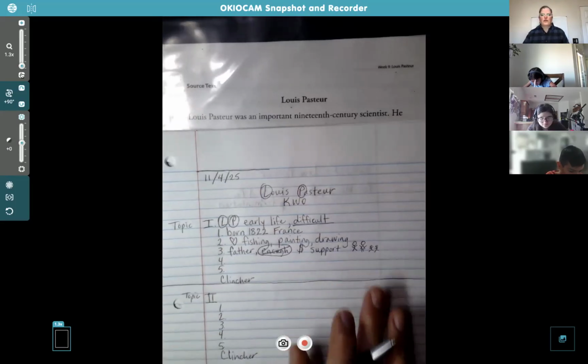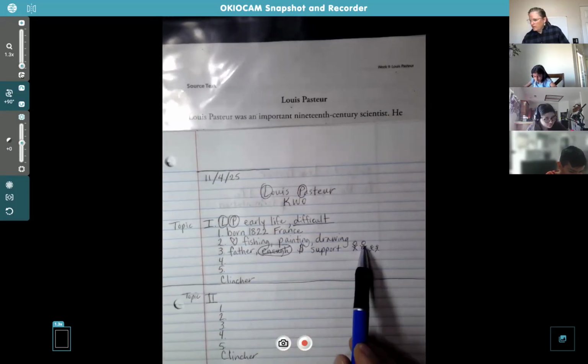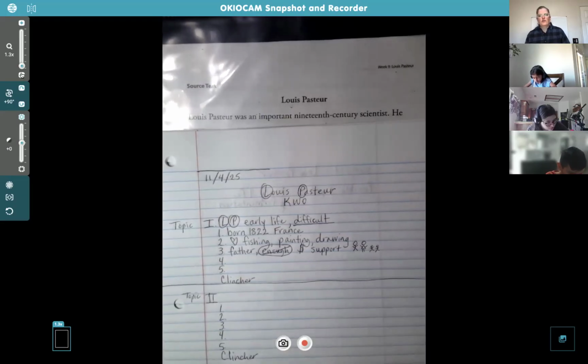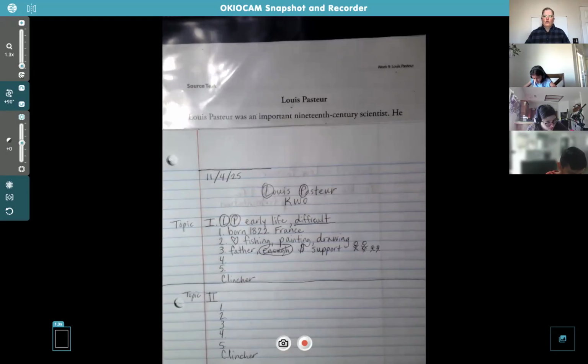Just draw some people here. I put a little triangle dress on the girl. So we got the dad, the mom, and some kids. That can represent family. Or you could do FAM dot, fam.